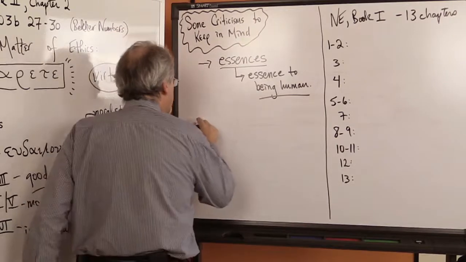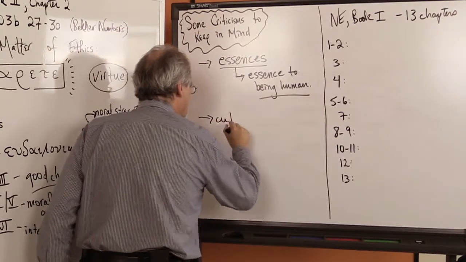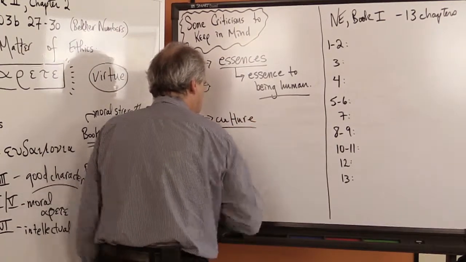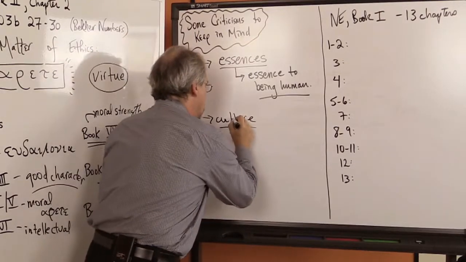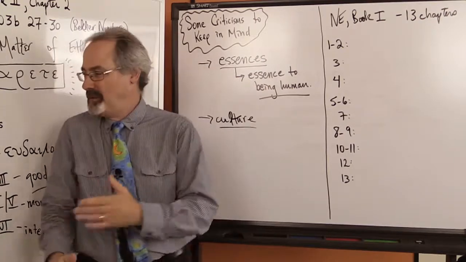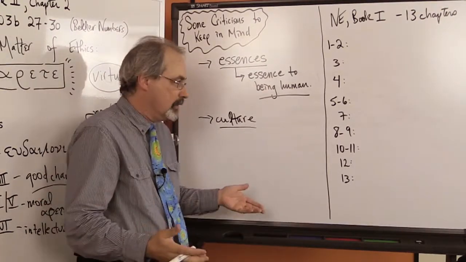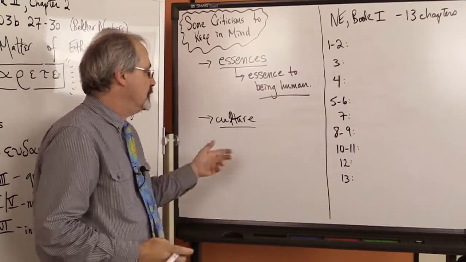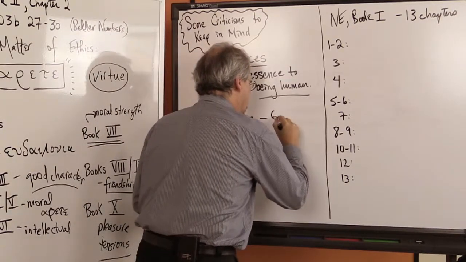And another one is the notion of the culture. So for Aristotle, some people say that his ethics, when you carefully go through it, as we will, is ultimately linked to the ancient Greek culture.